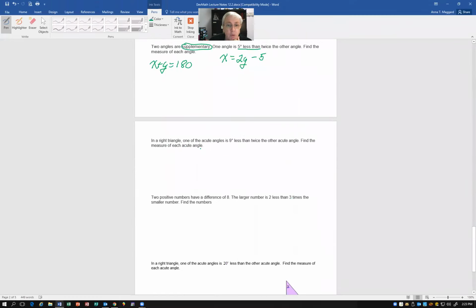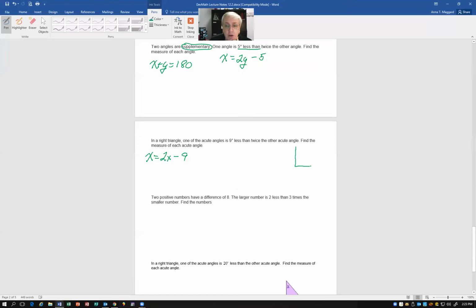In a right triangle, one of the acute angles is 9 less than twice the other. Let's start with that. It doesn't seem like it gives us anything else, except the fact that it's a right triangle.